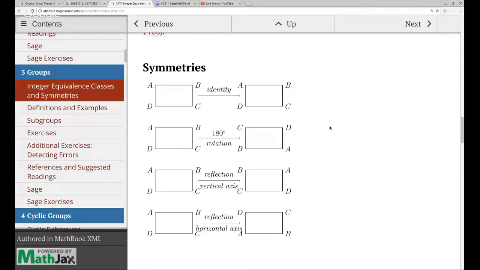And then what we're going to display in the table is the result of all the operations in the group. Sometimes it's helpful to indicate what the operation is up here. So here I'm using circle in the sense of composition of functions. And what we want to see in the entries of the table is the various products. And we do have to be careful, because which product exactly do we mean? If I have a row index x here and a column index y, do I mean x circle y or y circle x in the intersection?